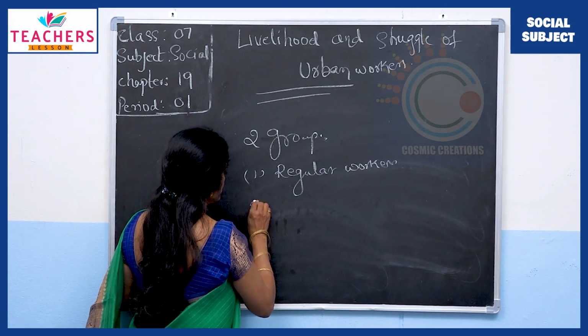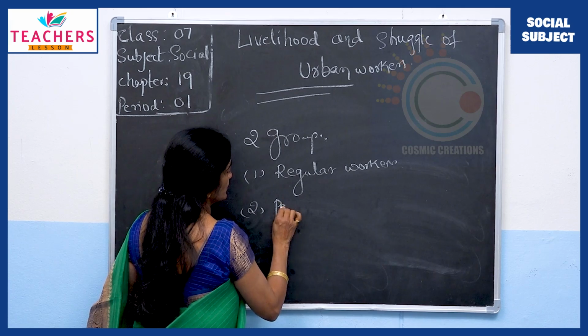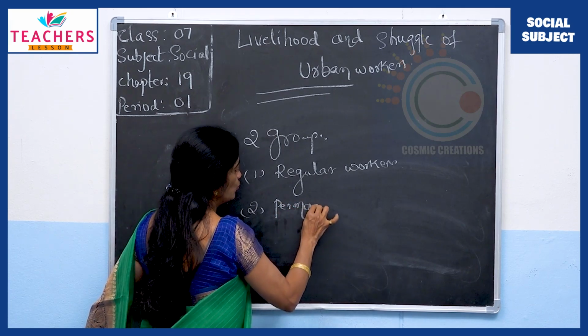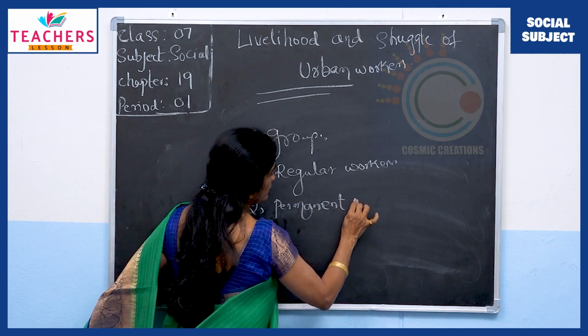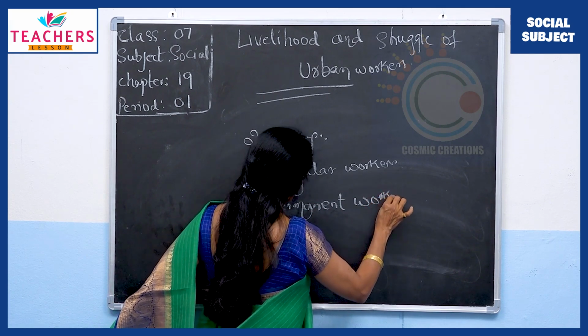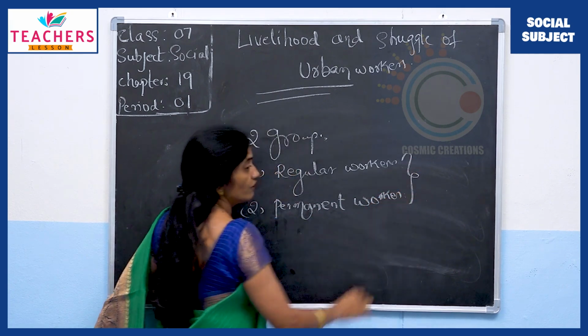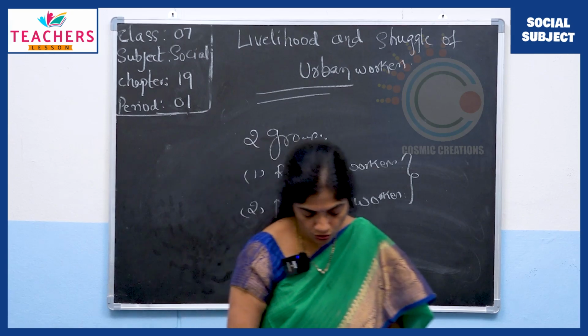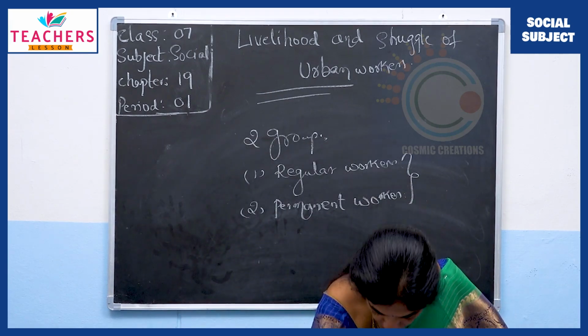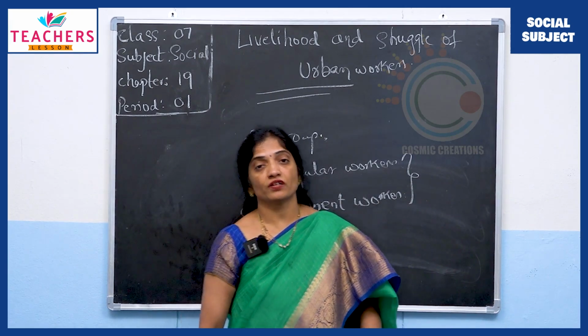And the second one is permanent workers. So here the workers are divided into two: one is regular workers and another one is permanent workers.